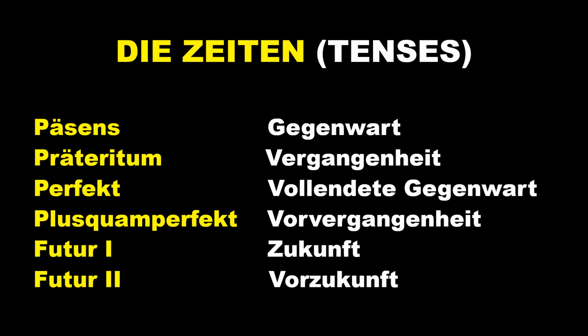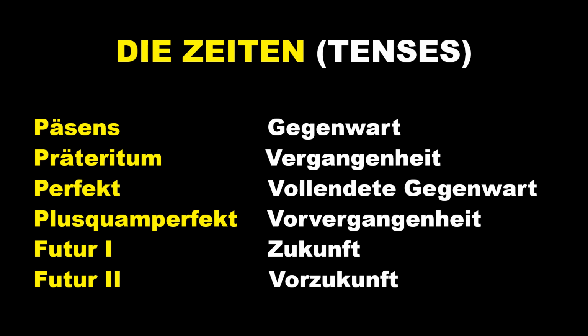Then comes Perfekt, in German vollendete Gegenwart, almost ending of the present. The job is almost done, recently done. That is perfect, as we know in English, the same meaning.